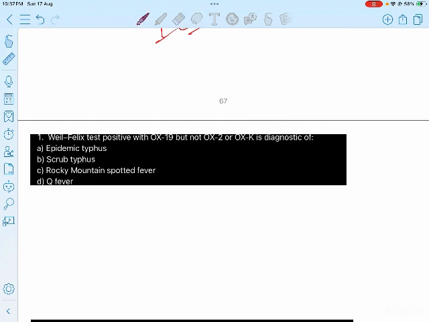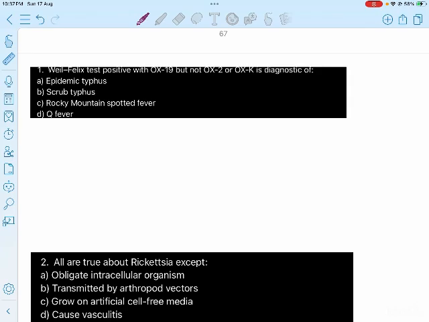Now the first question that we have here is: Weil Felix test is positive in OX19, but not OX2 or OXK. So OXK is very easy, all of us know that OXK is for scrub typhus. So OXK is not here, so scrub typhus can be very easily ruled out.